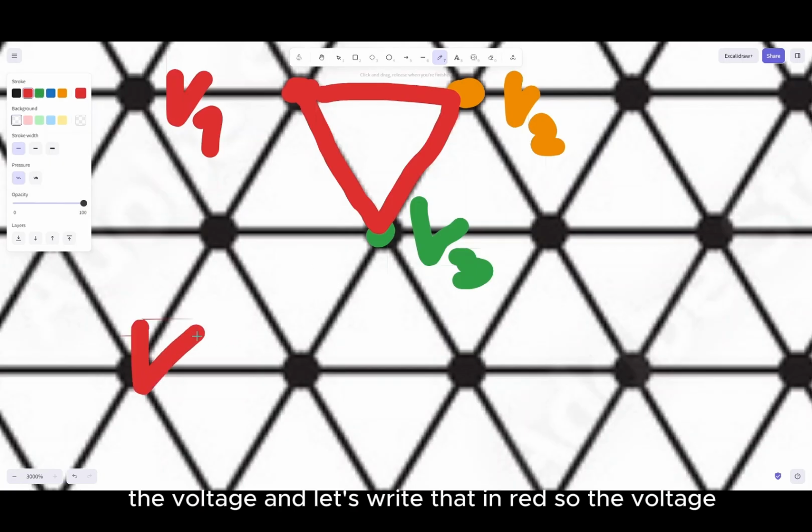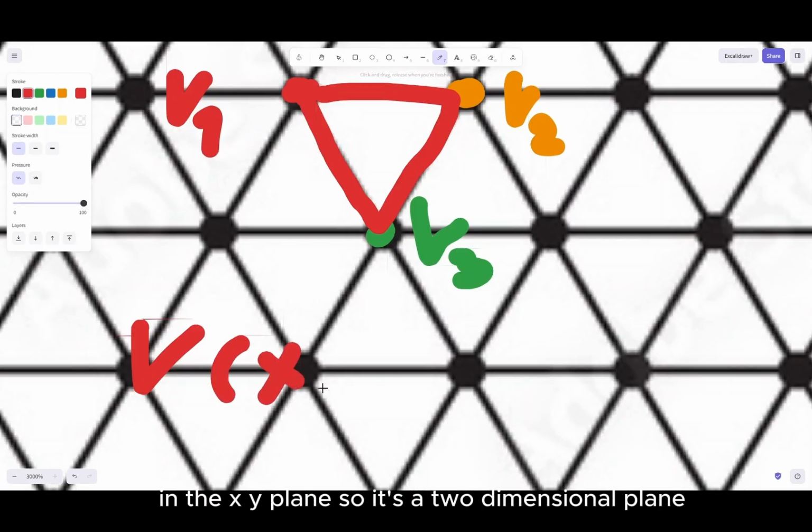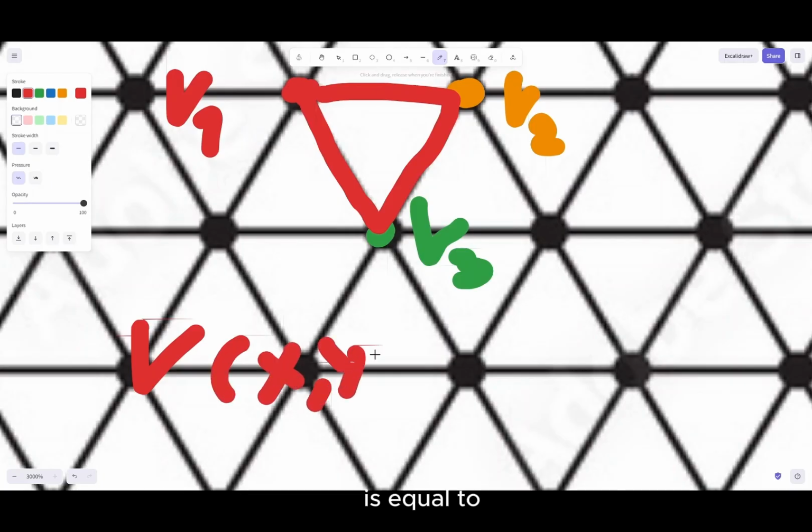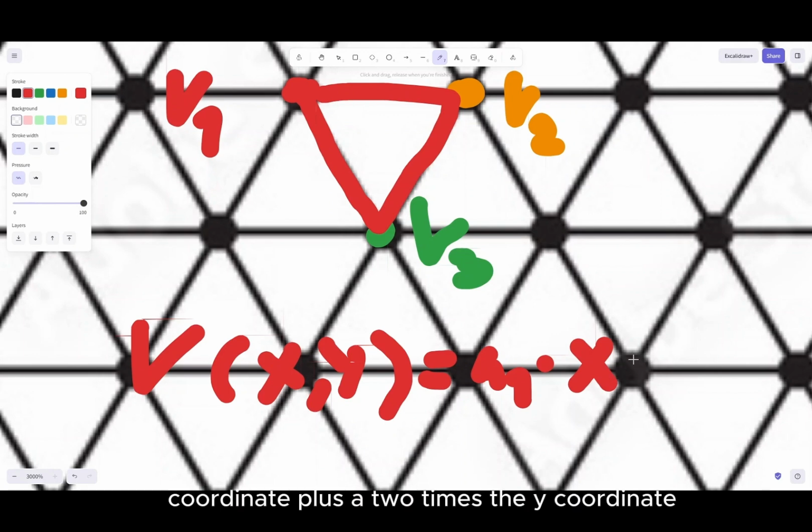The voltage inside of this triangle, in the xy plane, it's a two-dimensional plane, is equal to slope first a1 times the x coordinate plus a2 times the y coordinate.